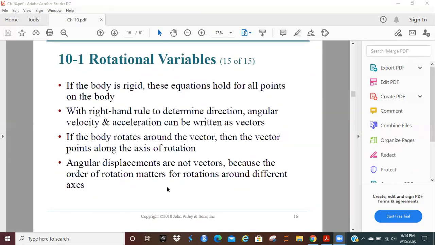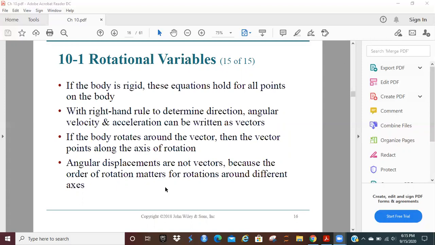So if the body is rigid, then these equations hold for all points on the body. Seems a little counterintuitive, perhaps, but if the entire body is rigid and rotating at the same speed, then those equations will be true for all of those points.